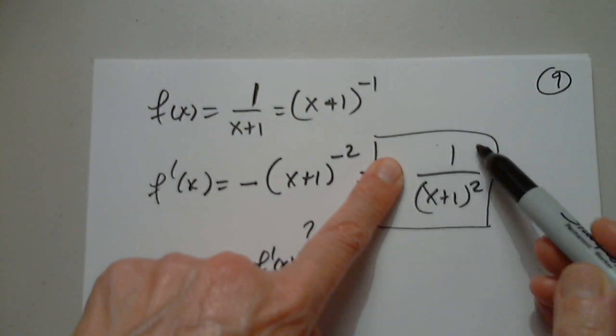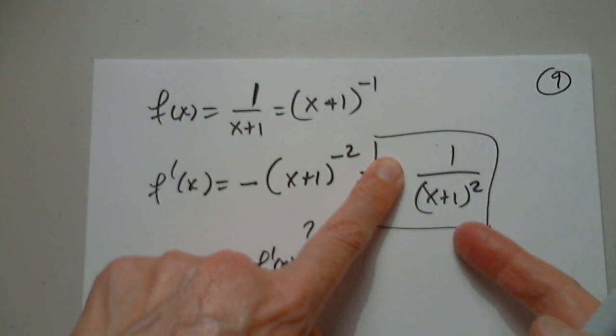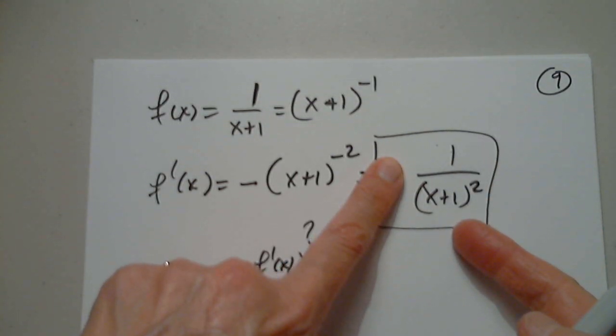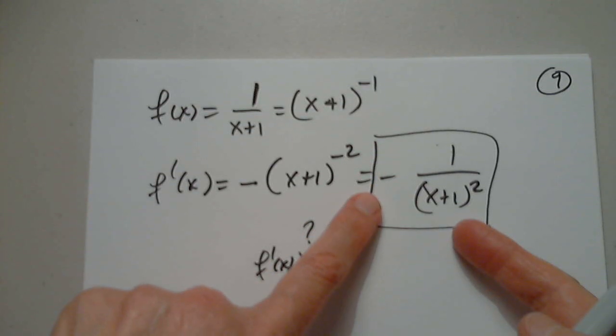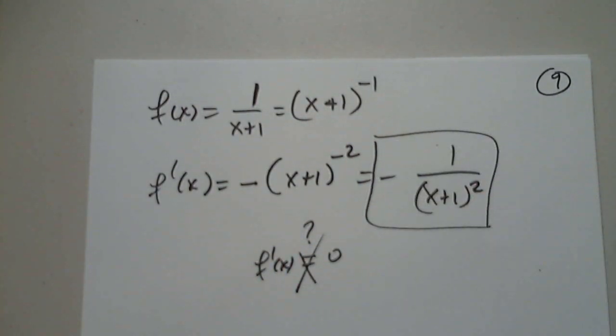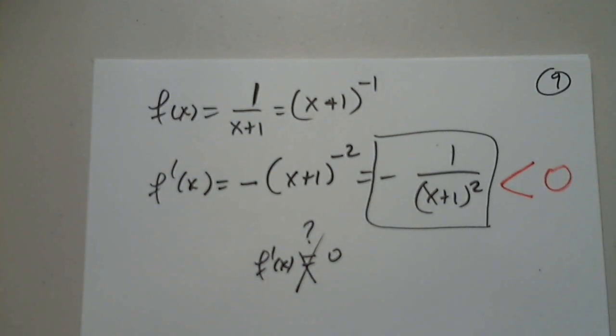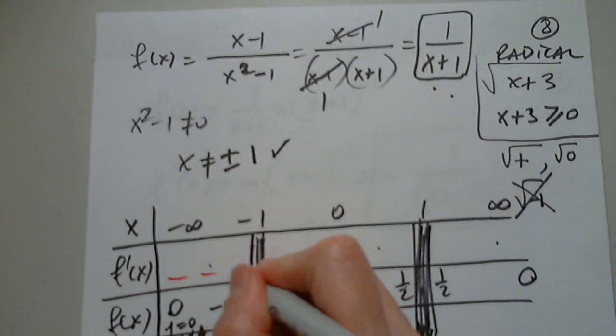This. Positive. Always positive, it's positive, so over something squared. But now please consider the sign. What will be the sign of this expression forever then? Negative. Very good. I go back to my table.